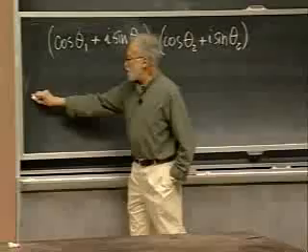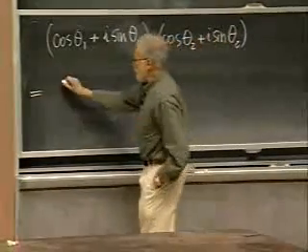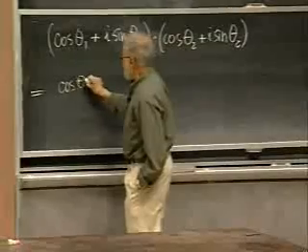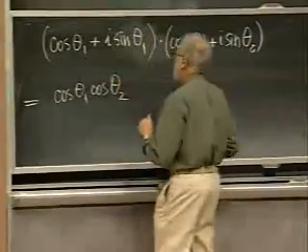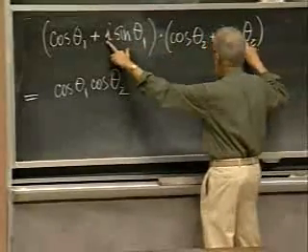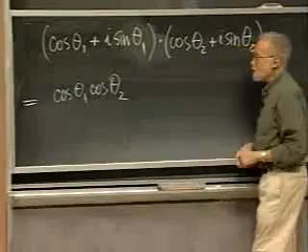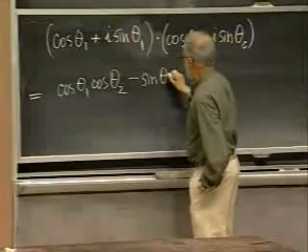Well, again, we'll use the method of grouping. What's the real part of it? The real part of it is cosine theta 1, cosine theta 2. And then there's a real part which comes from these two factors. It's going to occur with a minus sign because of the i squared, and what's left is sine theta 1, sine theta 2.